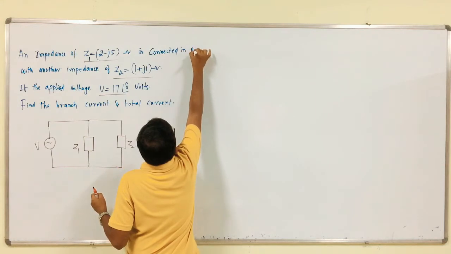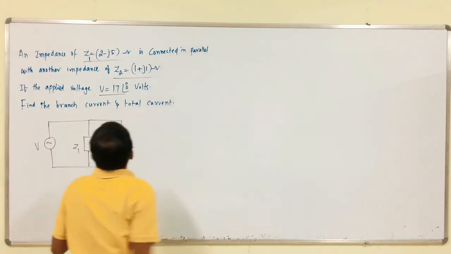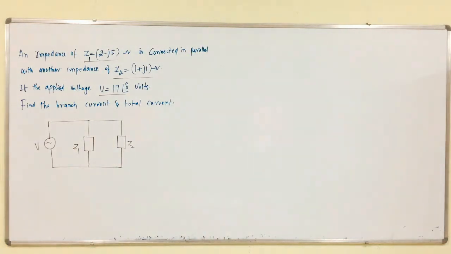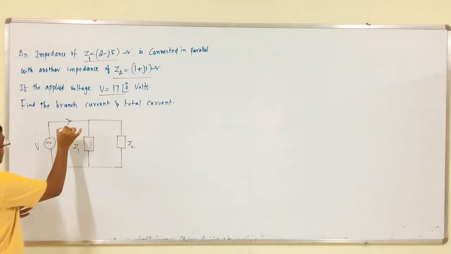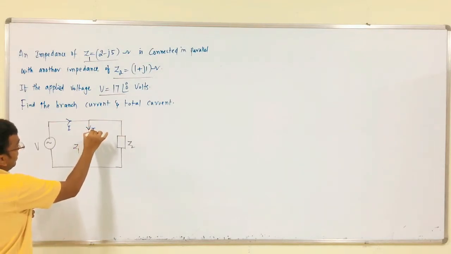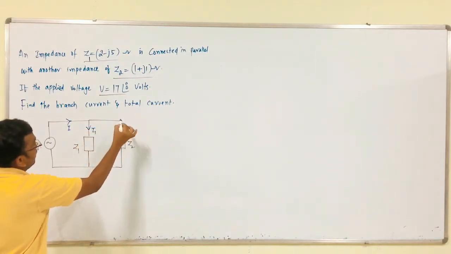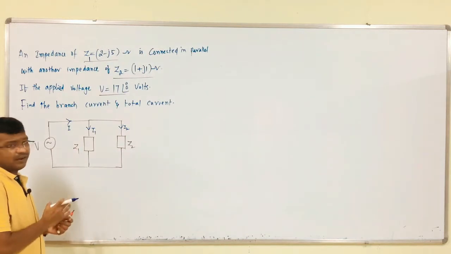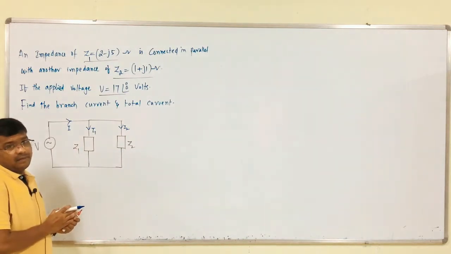So, this is the current, total current I, and branch currents I1, I2. Simple circuit, no? Okay, simple circuit.